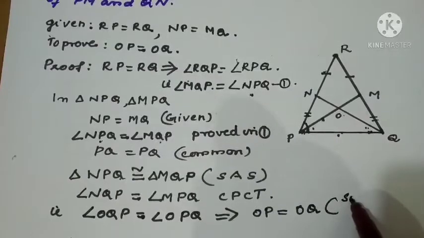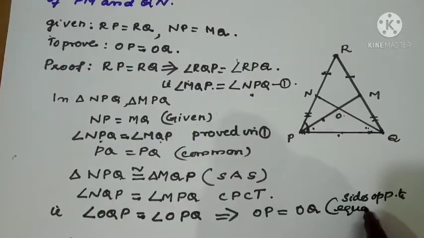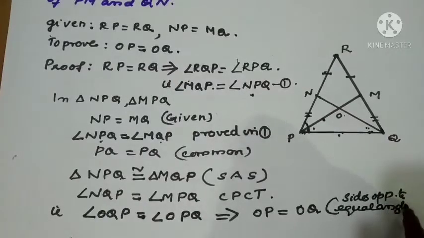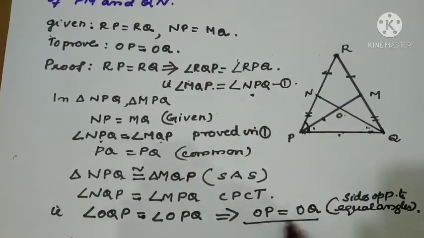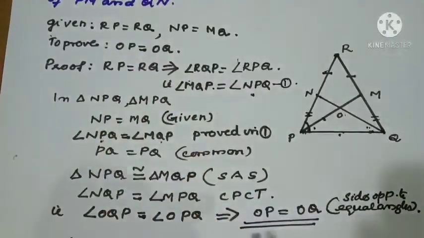Sides opposite to equal angles are equal. So we got OP equals OQ, which is the result we need to prove. What is the conclusion we should make? Hence proved.